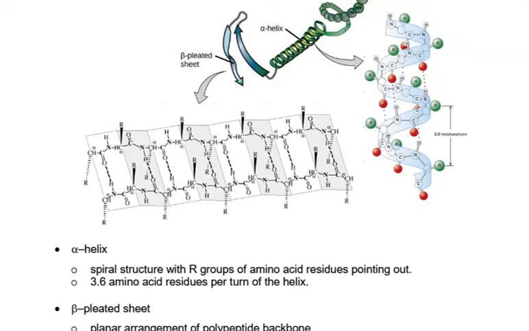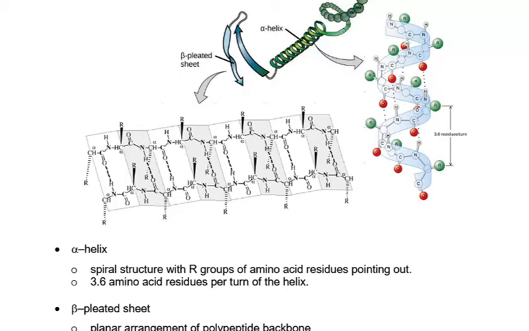In the alpha helix, the primary sequence is coiled around an axis, like a coiled electrical cable on an old landline telephone or on a computer. There are 3.6 amino acids per turn of the alpha helix, and as I've mentioned, the structure is held together by hydrogen bonds between an NH group in one turn and a CO group, C double bond O, in the next turn along the helix.